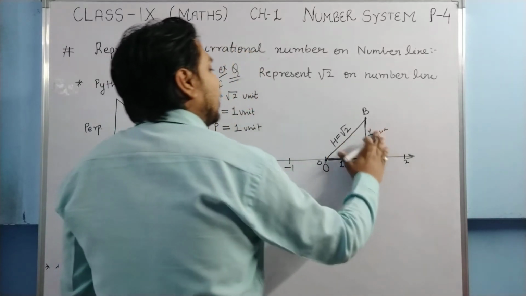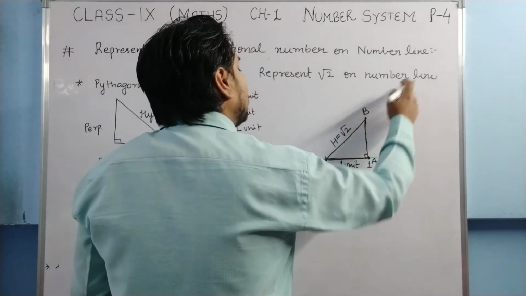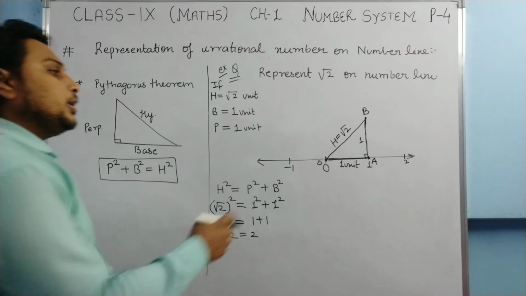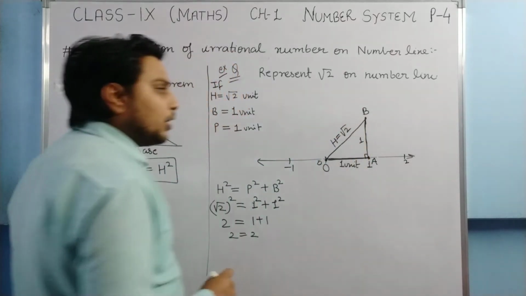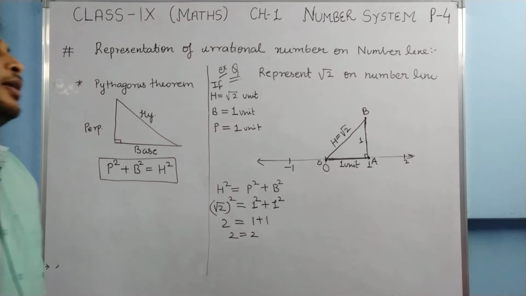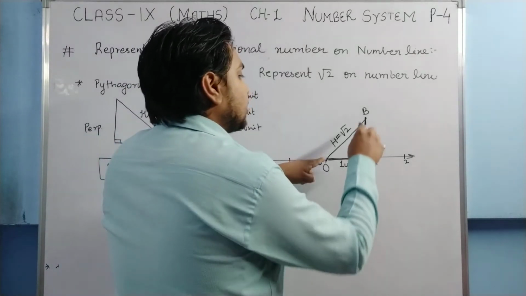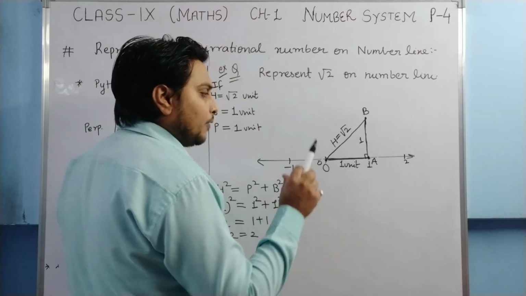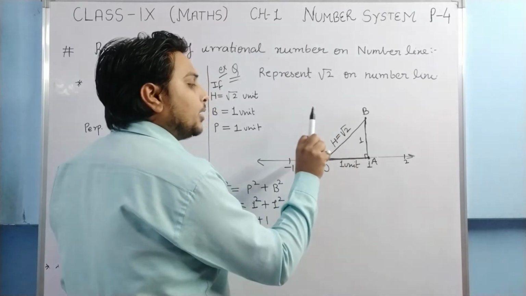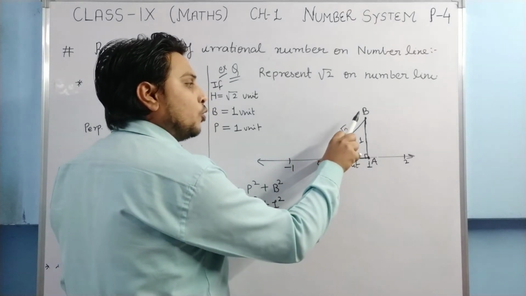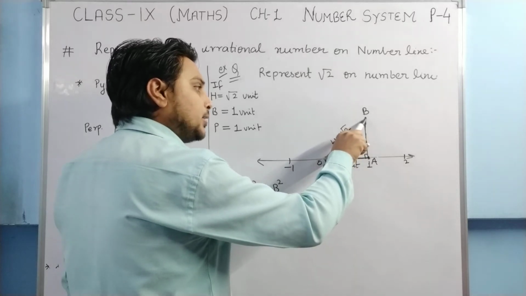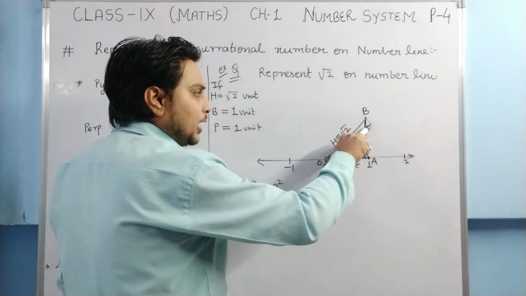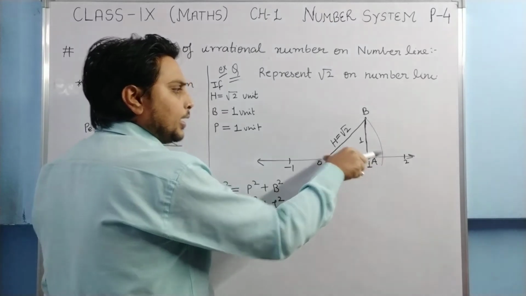Now in the question it is said to represent under root 2 on the number line. But this hypotenuse OB is not on the number line. So how will we represent this distance on the number line? We will do one thing: we will keep the needle of the compass at this point O, and our pencil should be there, meaning we will take the radius as OB and cut an arc to this number line.